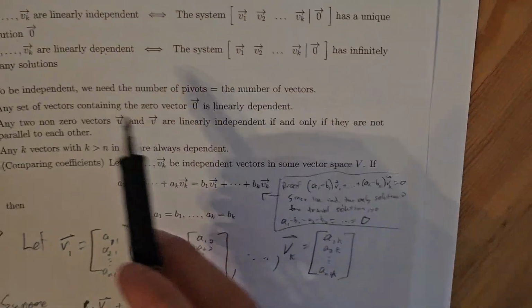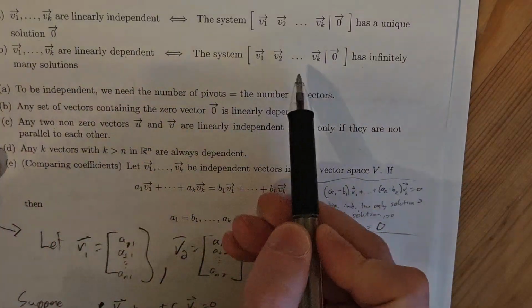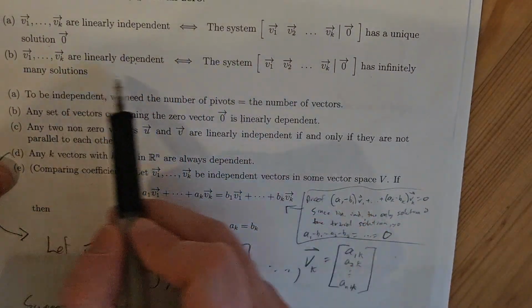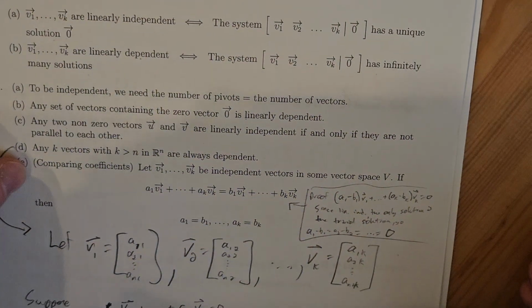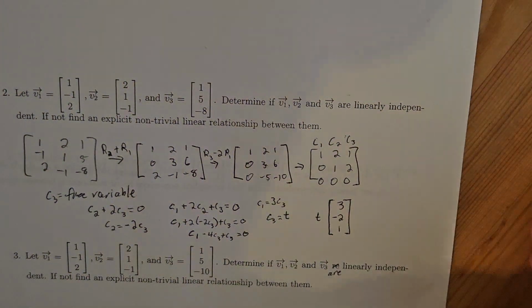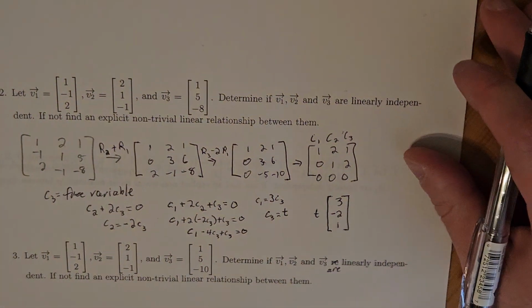A reminder of this statement up here again: if this system has infinitely many solutions, which means it has a non-trivial solution, then we know those vectors are linearly dependent, right?